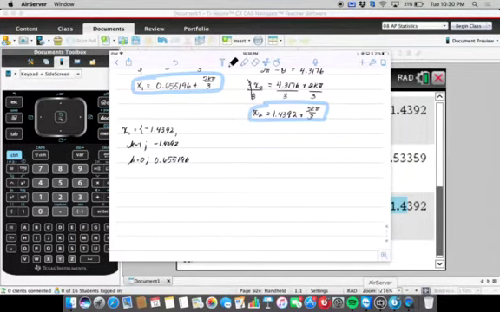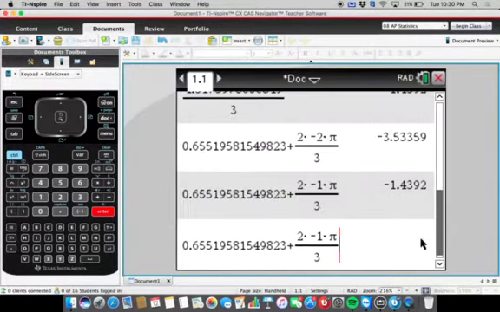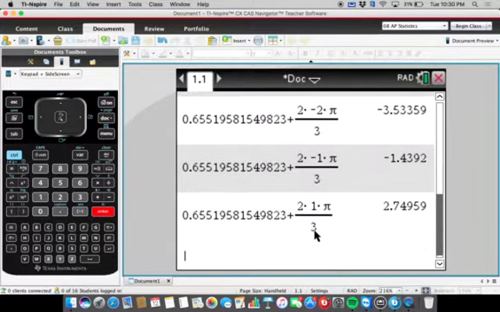The next one, when k is equal to 1, we just copy and paste and erase that negative. We have 2.74959, which is also a solution.